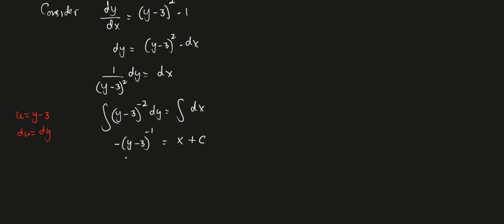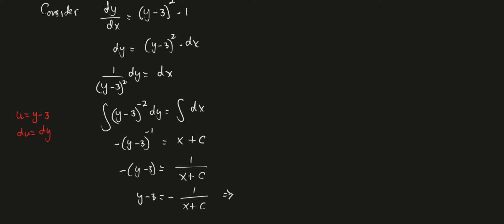First, I'm going to take the reciprocal of both sides to get rid of the negative 1 exponent. Then I'll have 1 over the quantity x plus c, and I'll put a negative in front of this fraction. So then I'll have y minus 3 is equal to negative 1 over x plus c.